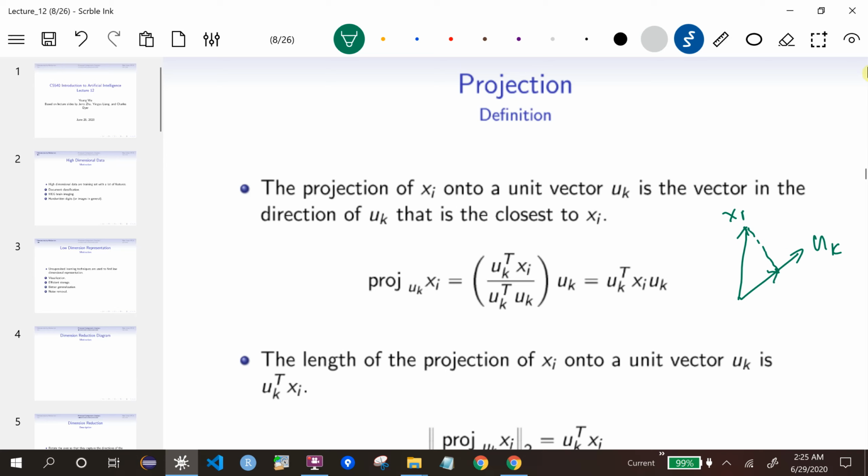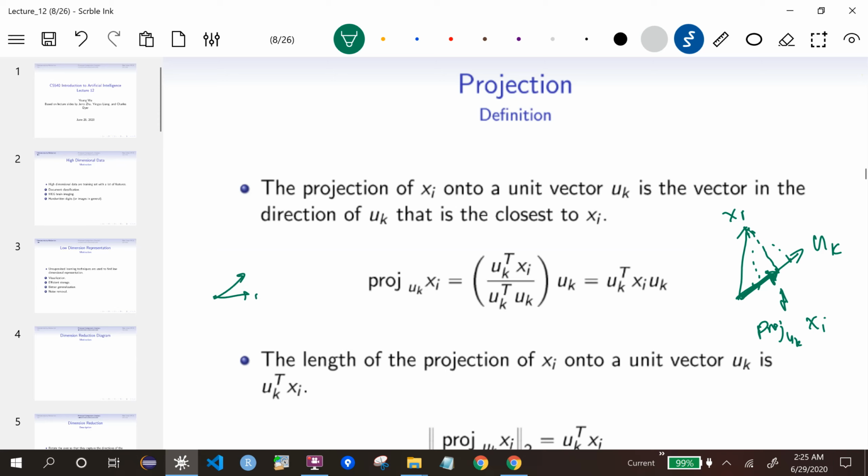It's basically finding the vector along the uk direction that's closest in perpendicular distance to the original vector. If you look at this vector here, the distance is longer, and that one is longer as well. So there's only one, and that one is called the projection of x1 onto uk.